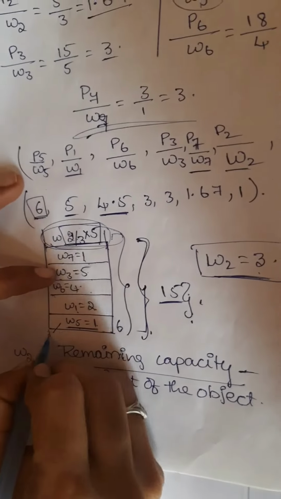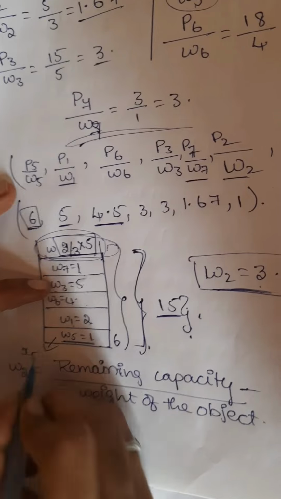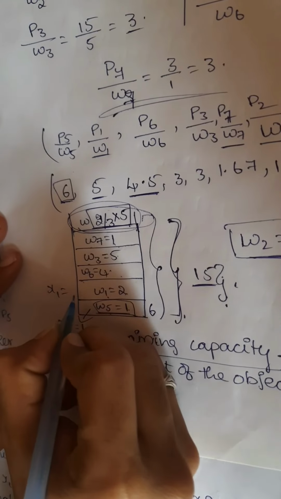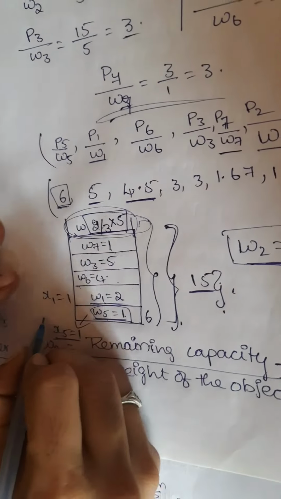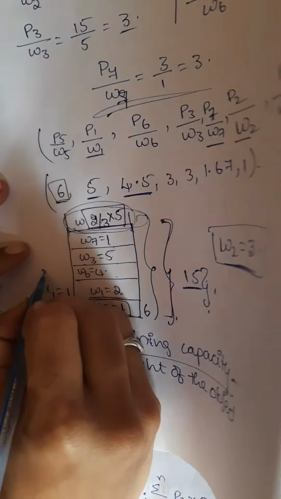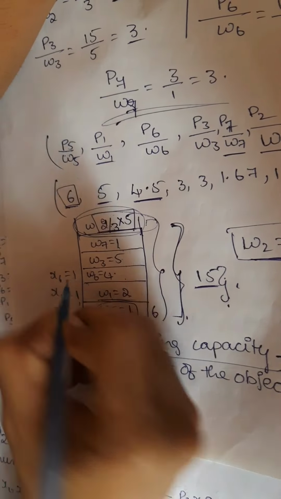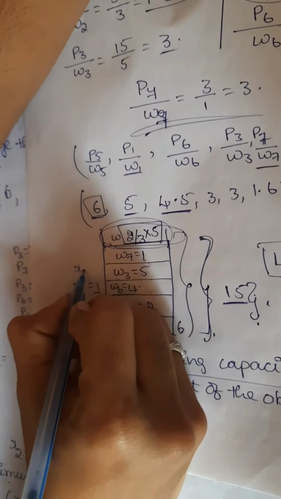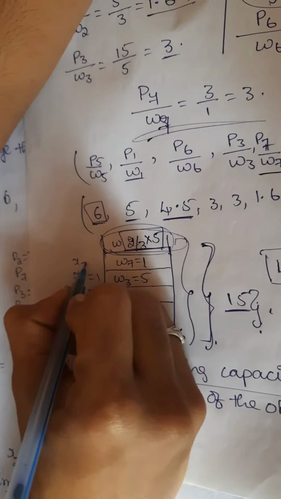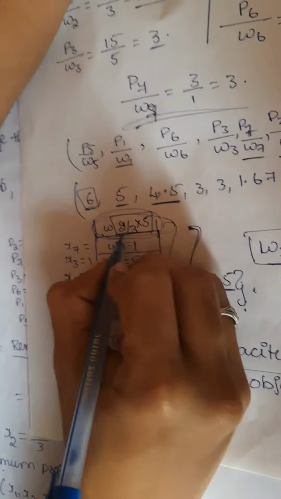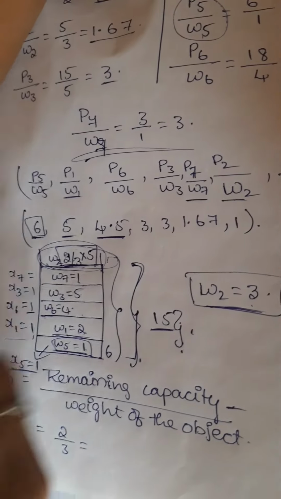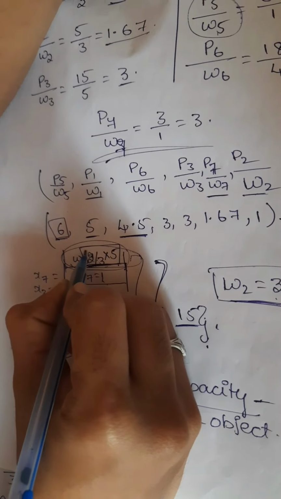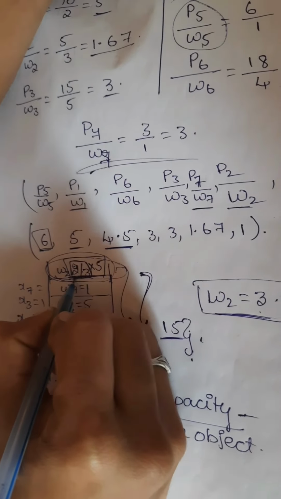So let us see, this is the x5 value. It means it is completely filled, right? This also is completely filled, so we write x1 is 1, and x6 is completely filled, so I write 1, and x3 also 1, x7 also 1. But this value is not completely filled, because it is only 2 by 3rd.